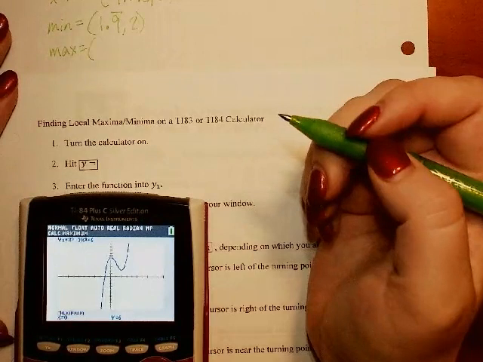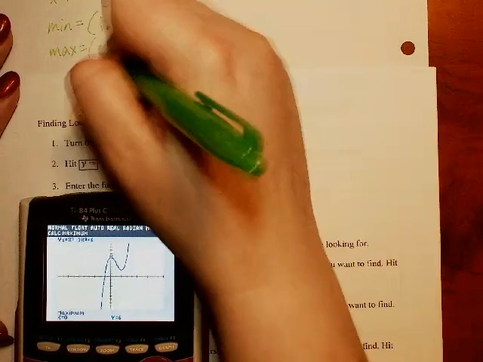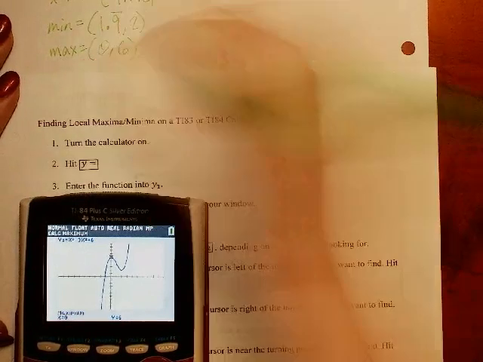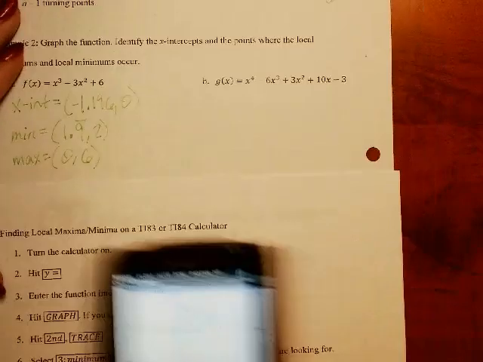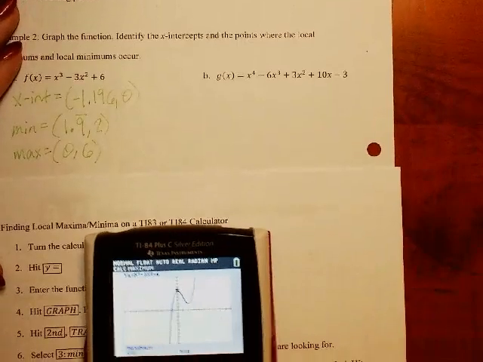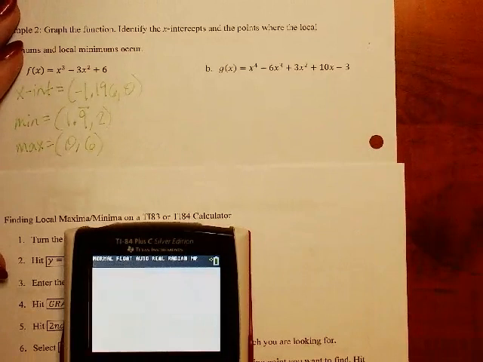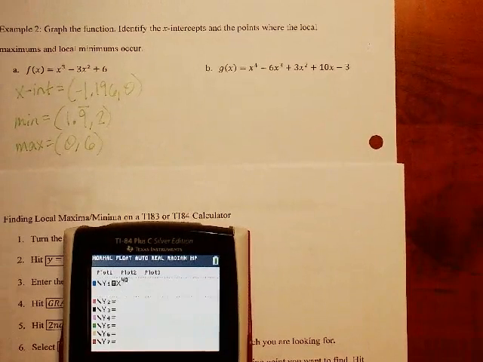And our maximum is 0.6. Okay. Then for g of x, for part B, we're going to repeat the same process. So we enter in our equation 6x to the third plus 3x squared plus 10x minus 3.